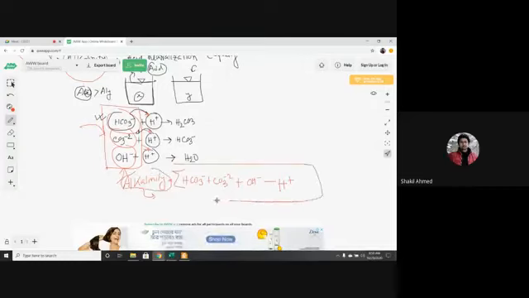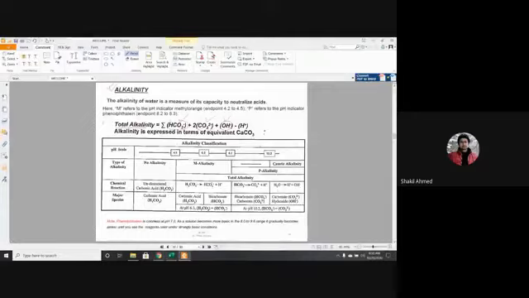This is actually what naturally exists in water. Alkalinity is expressed in terms of equivalent calcium carbonate.